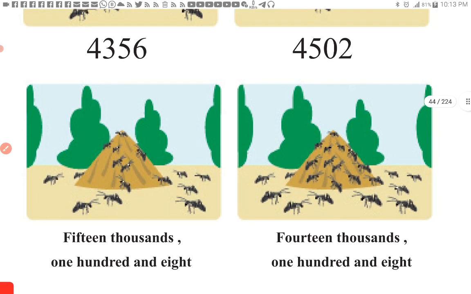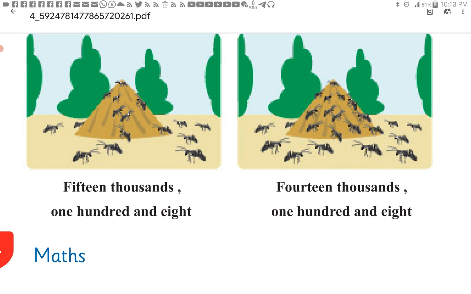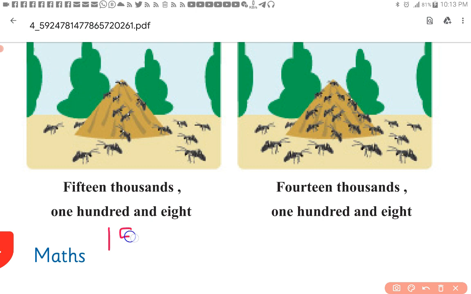The next one, the two numbers written in words. العددين مكتوبين بالحروف. 15,108. Write the number in words, in digits. 15,108.